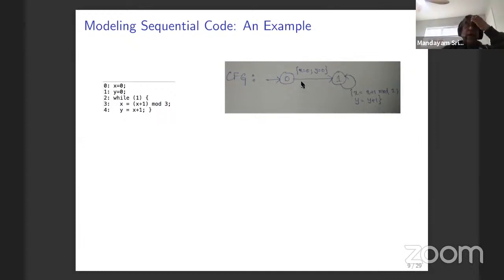So here I'm choosing to model the initial block. The initialization block is one transition, and the body is another transition. Okay, this is still very much a modeling of the behavior of the thing.